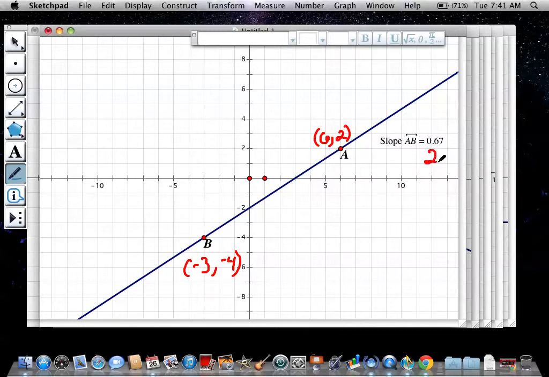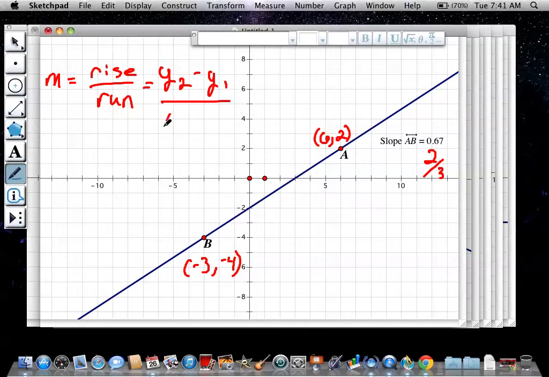Well, 0.67 is really 2/3. In order to calculate slope, I need to put the rise over the run. So the slope is equal to rise over run. Rise is the change as it moves up and down. Run is the change as it moves left to right. So the equation would be the y2 coordinate minus the y1 coordinate over the x2 coordinate minus the x1 coordinate. So I'm going to say that this is the second point and this is the first point.